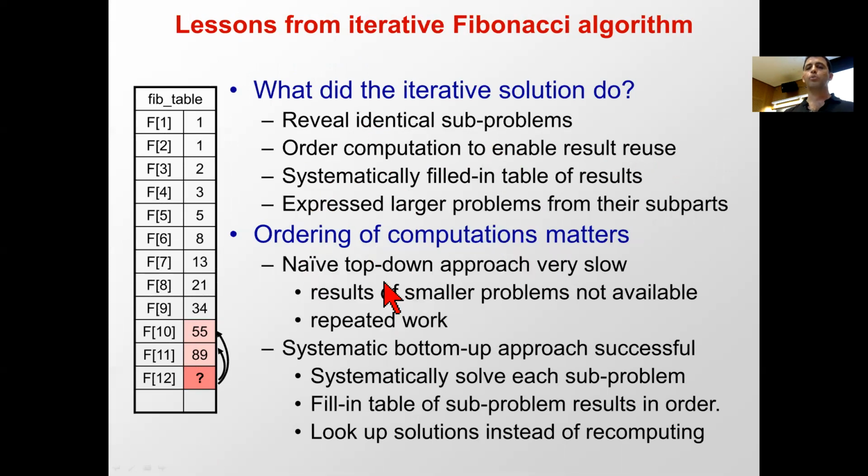The naive top-down approach was very slow. The results of the smaller problems were simply not available, so I ended up repeatedly computing the same thing over and over again. And then the systematic bottom-up approach was very successful because I filled in the table of the subproblem results in order, and I looked up the solutions instead of recomputing.